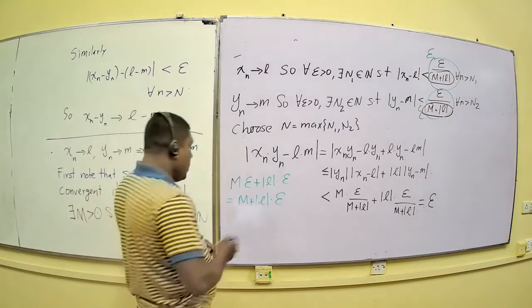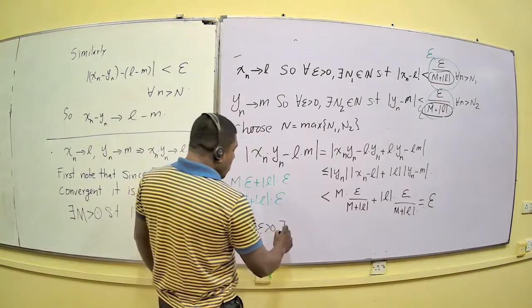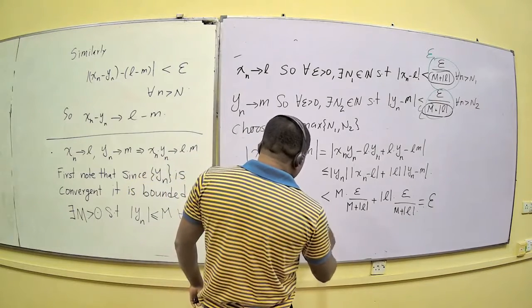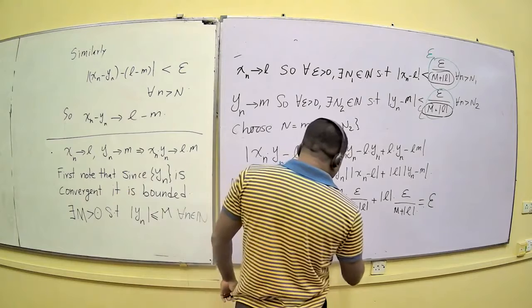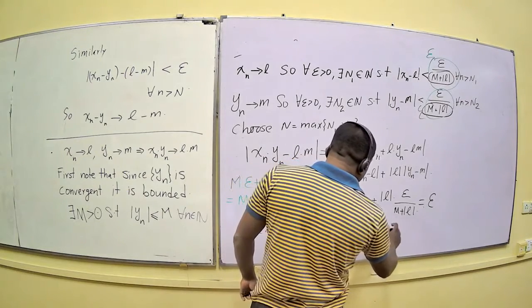So now if you combine all of them, then for every epsilon positive there exists an N, where n belongs to the natural numbers, such that the absolute value of x_n y_n minus L M is less than epsilon.